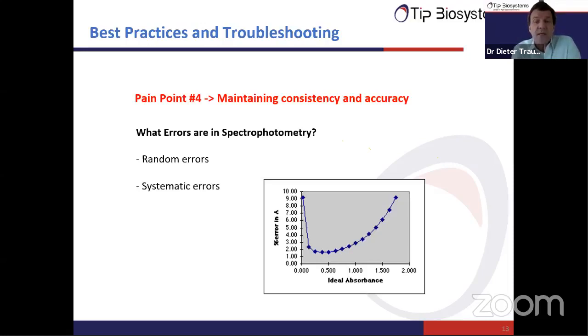We achieve this by using not only one light intensity, but many different light intensities, and also very high light intensities. And then we have developed an algorithm that looks at all this data and calculates the absorbance. Through this algorithm, we achieve a very small error, even if the absorbance is very high.